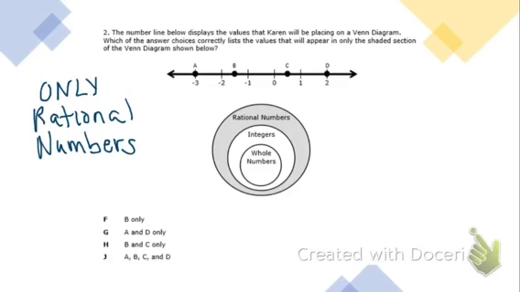Okay, so let's look at A. A is -3, so I would definitely say A is an integer. So A would fall here. B, it looks to me like it's in between -2 and -1. So I would say that is -1.5.